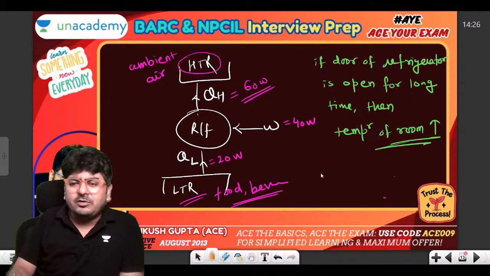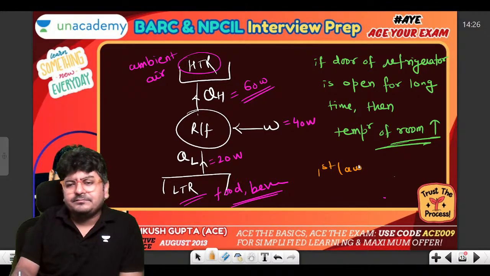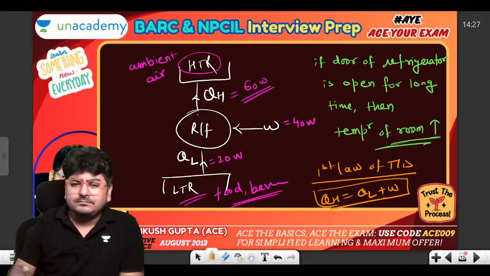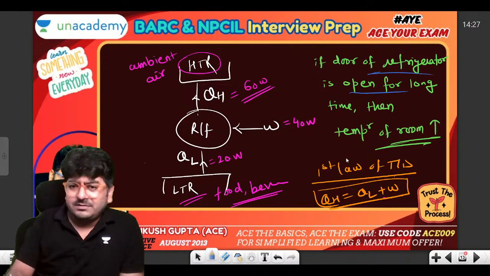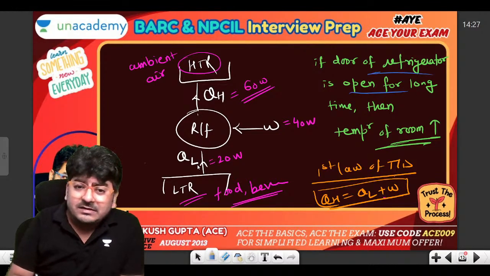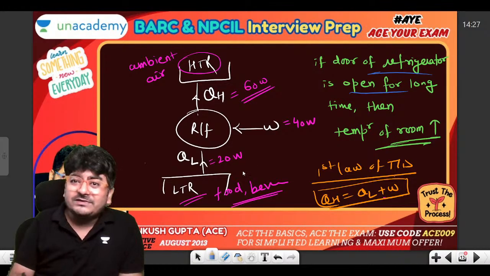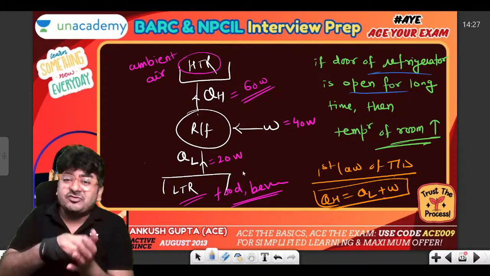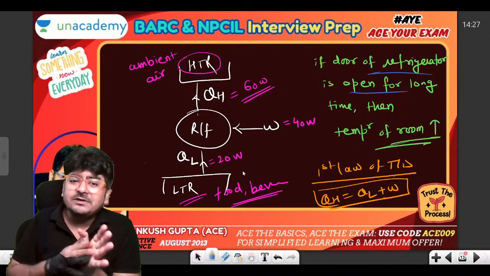Because from the first law of thermodynamics, you know that QH is equal to QL plus W. Now understand the logic. If you open the door of the refrigerator, then QL will increase, because initially it was extracting the heat from the food items.